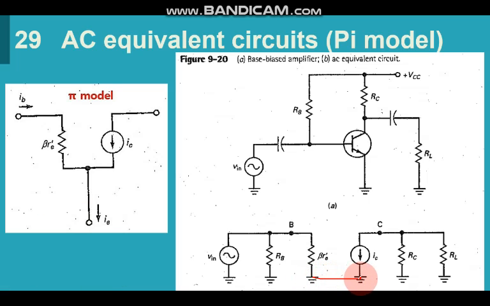Here you will have, and this is your E. As you can see here, beta RE dash, collector and emitter. As all are ground, you can simply draw a line connecting all. So it is the same.